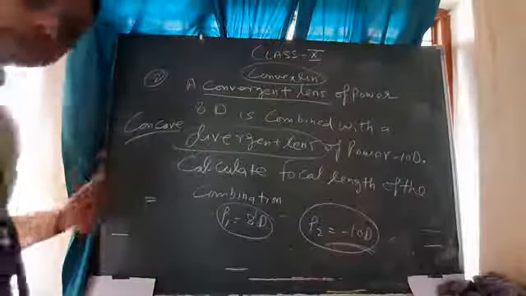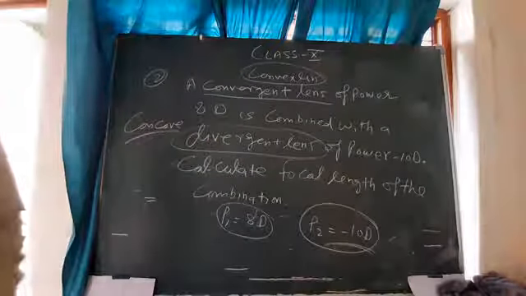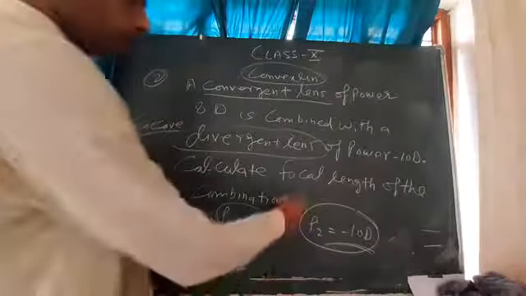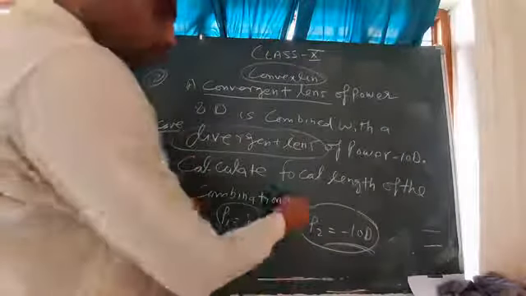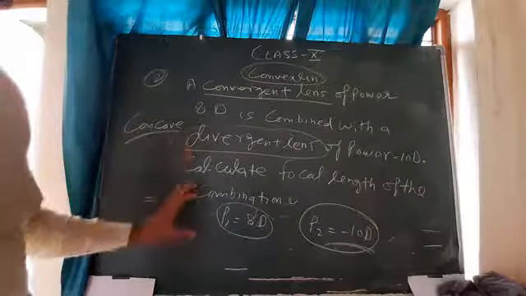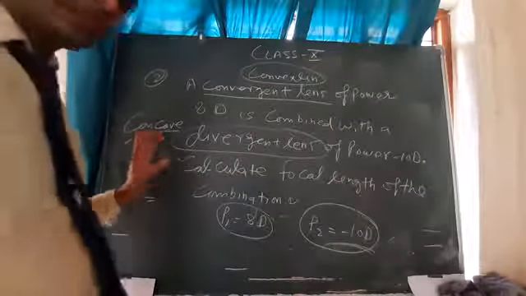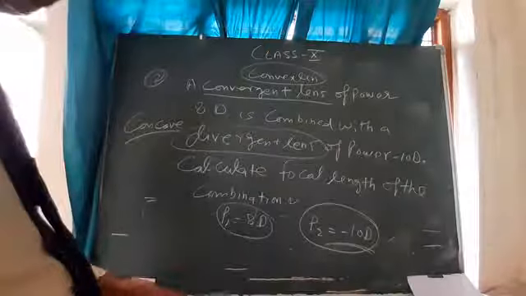So two lenses are given, one is convex and the second is concave, and we have to find the focal length of the combination of these two lenses. So you have to note this question, and I am going to solve this. You can take a screenshot or you can note this question.